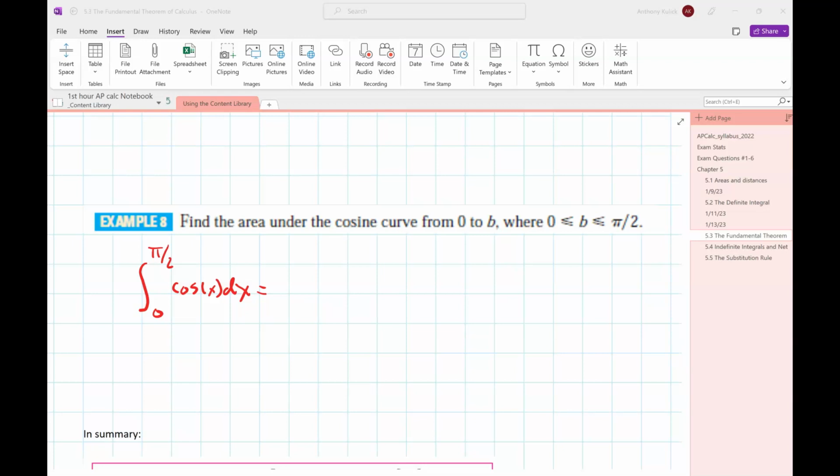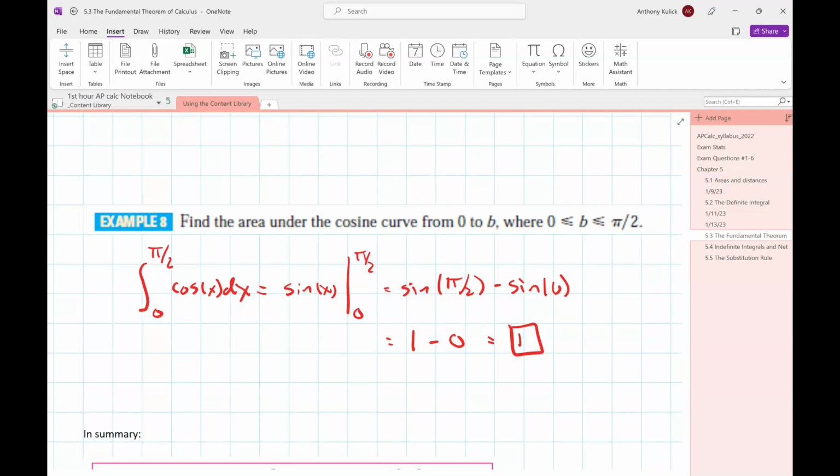It's positive. So sine of pi over 2 minus sine of 0. What's sine of pi over 2? 1, and the sine of 0 is 0. So we just get 1 as our answer.